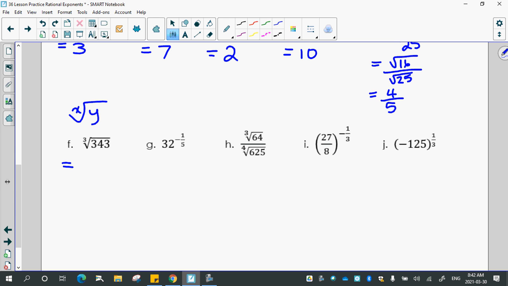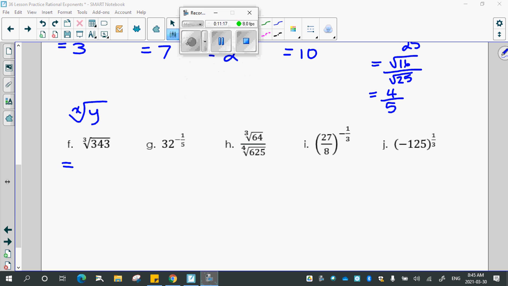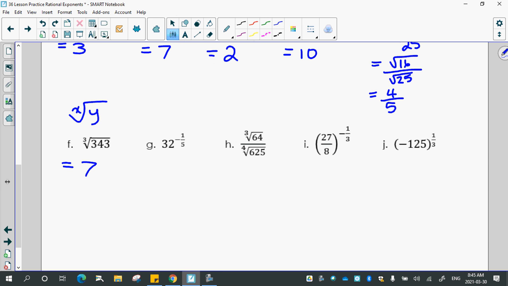So you should be able to type in that. On my calculator, I go 343 and then press that button, which is a shift button on my calculator, and then type in 3, and it gives me 7. Okay? Some, you have to type the 3 first, then that button, then 343. It depends on your calculator. I'll just pause and make sure everyone can get that on their calculator. So that turned out to be 7.